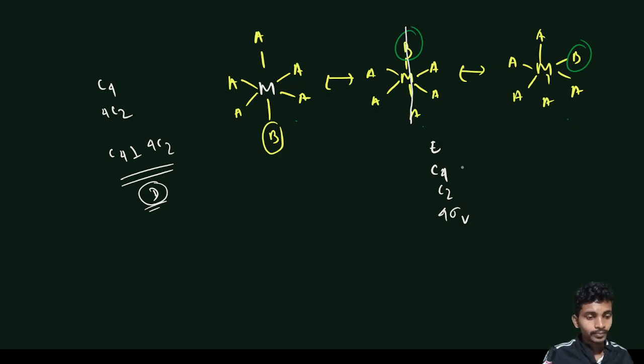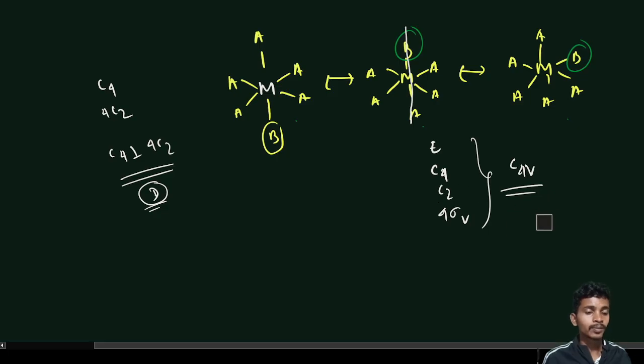So here sigma h is not there because this side is different and the below side is different. So this falls in C4v point group, not D, because this C4 and C2 are not perpendicular. So this falls in the C4v point group.